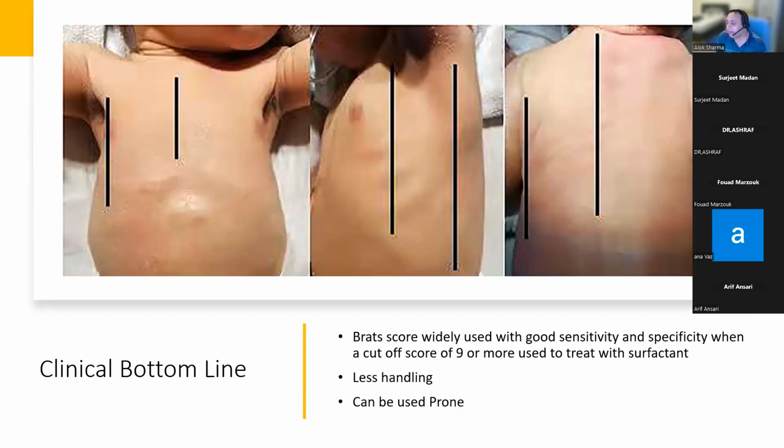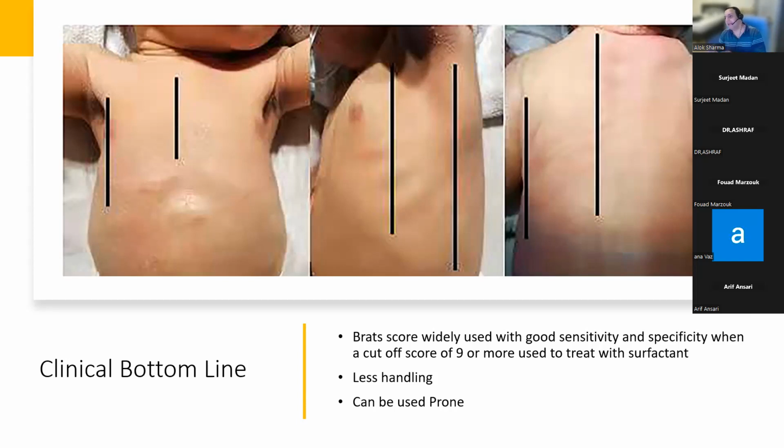But more importantly, some of these babies can develop a pneumothorax. I've been in a situation where a decision was made to consider a second dose for a baby, where I did a lung ultrasound, and actually the baby had a significant right-sided pneumothorax, which ended up needing a drain. So just be aware that this might not be worsening RDS or a lack of response to the first dose.